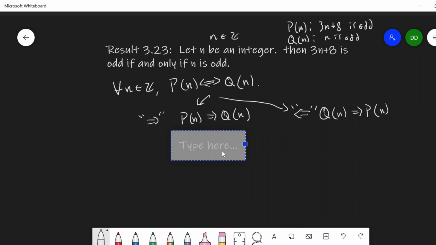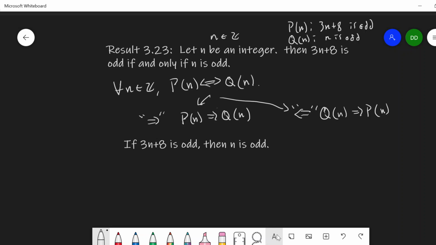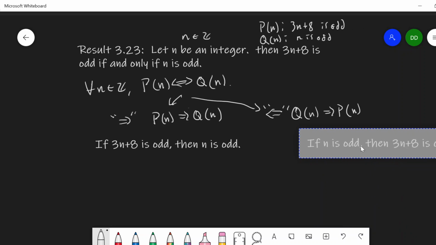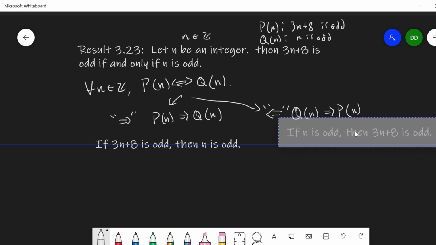In the forward direction, we would be showing that if 3n plus 8 is odd, then n is odd. And in the backwards direction, I would be showing if n is odd, then 3n plus 8 is odd. If I can show both of these, then I'll have succeeded in proving this biconditional statement.